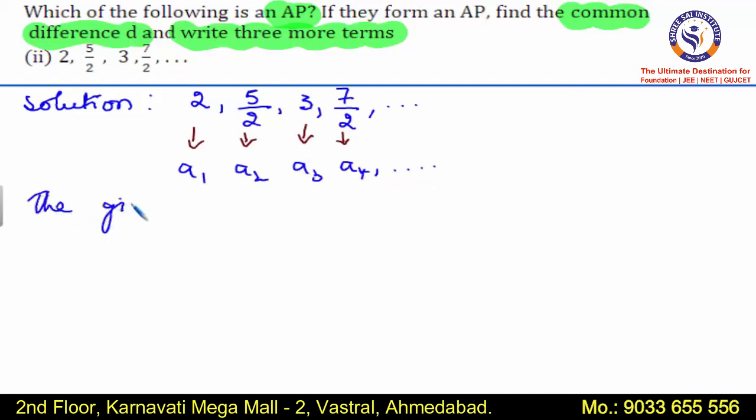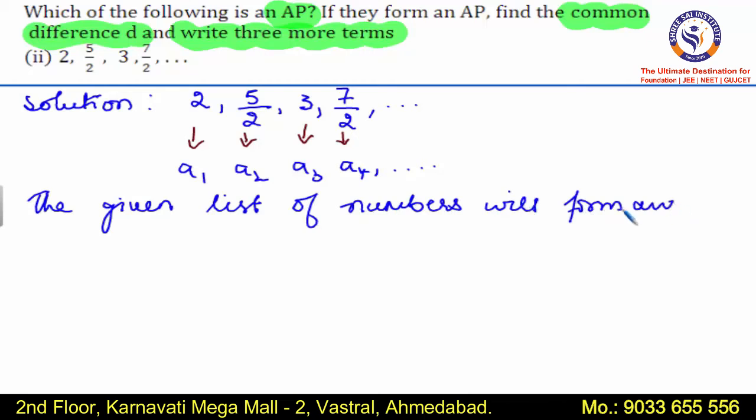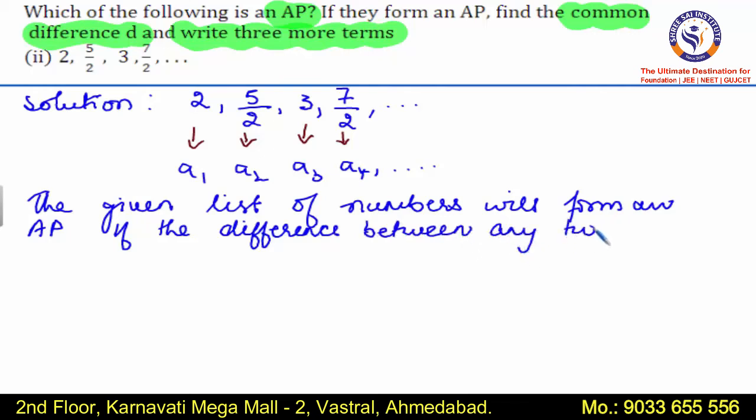The given list of numbers will form an AP if the difference between any 2 consecutive terms remains the same.